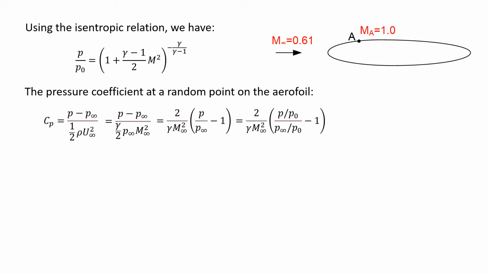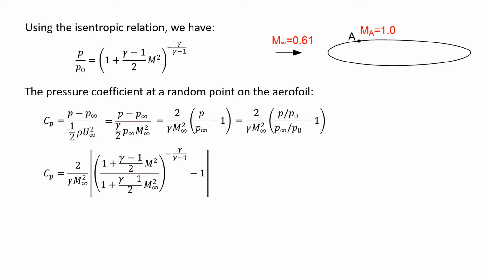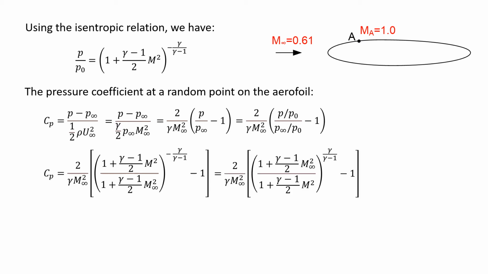Okay, so we replace the two pressure ratios by using the isentropic relation. Although it looks big, I think it's quite neat. Now we just reorganize it because the exponent has a minus sign, so we take off the minus sign and the terms in the bracket are inverted.